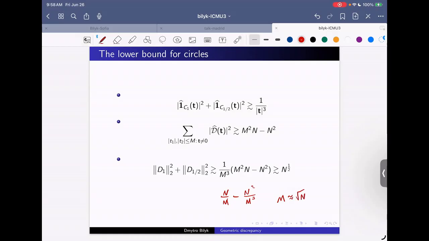We need to play around with the constant, and then this will be of the order square root of n, and this will be of the order square root of n. If you choose the constant carefully, then the difference will be of the order square root of n. So if you take square roots here, you'll get n to the power 1/4. That's exactly what we wanted to prove.